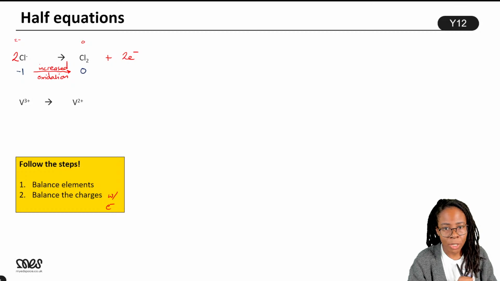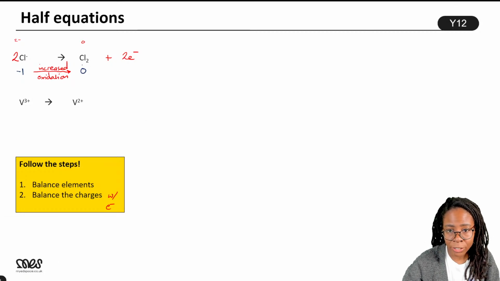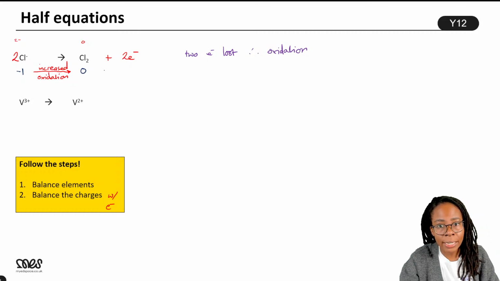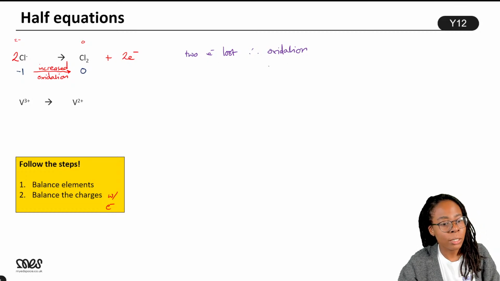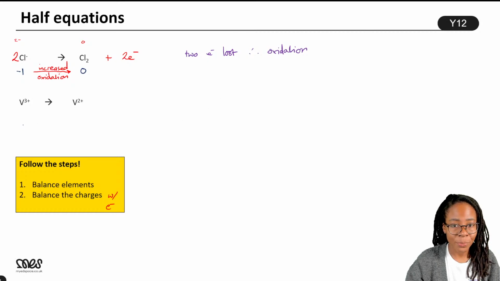Lovely. So now we can explain this oxidation also in terms of electrons. We can see that electrons have been lost, so we can even say 2 electrons lost, therefore oxidation. So we've explained this in 2 ways, in terms of the change in oxidation state and in terms of the loss of electrons. Okay, let's do the next one.